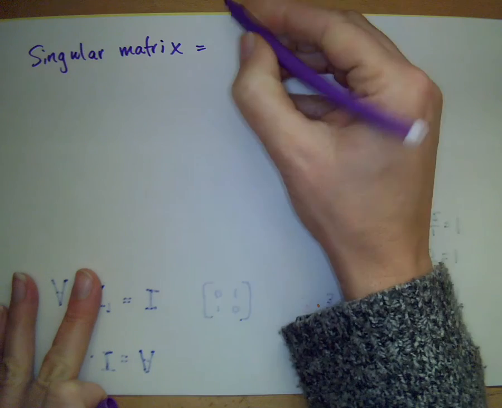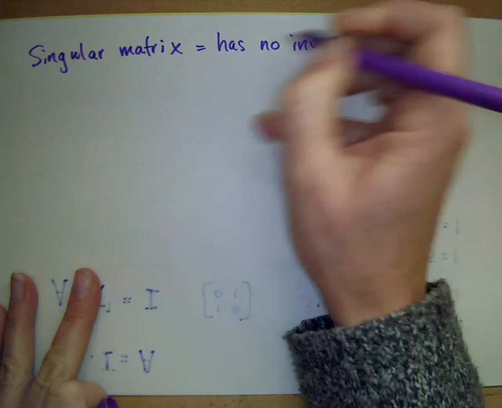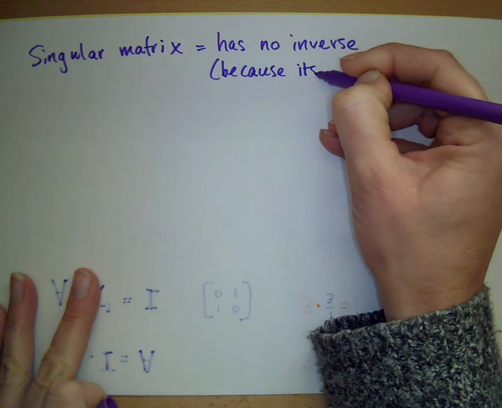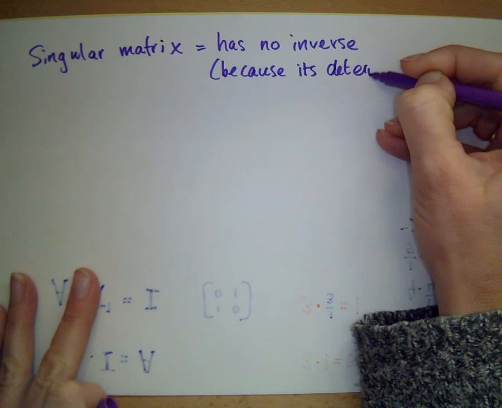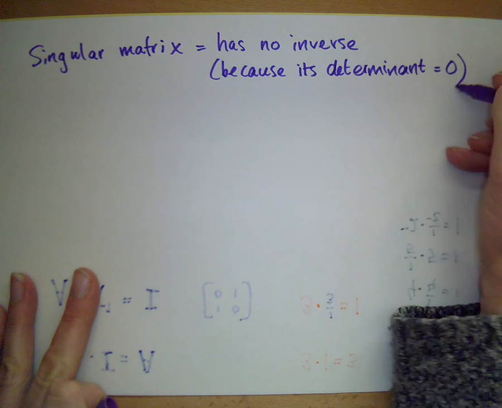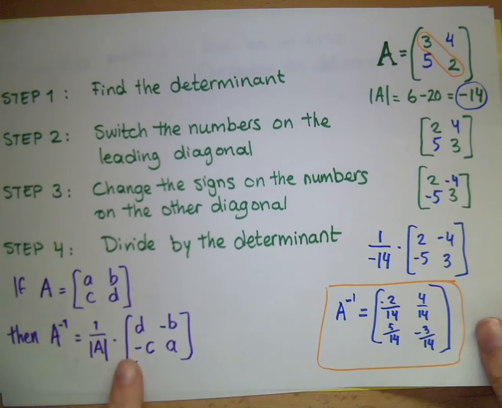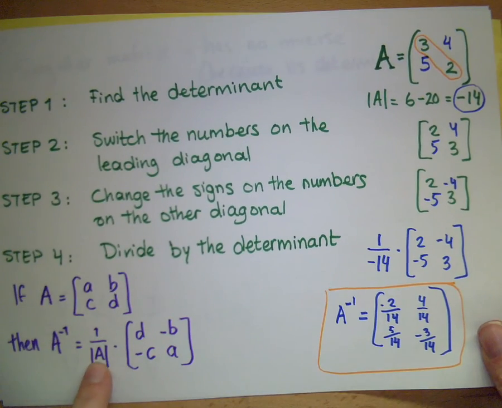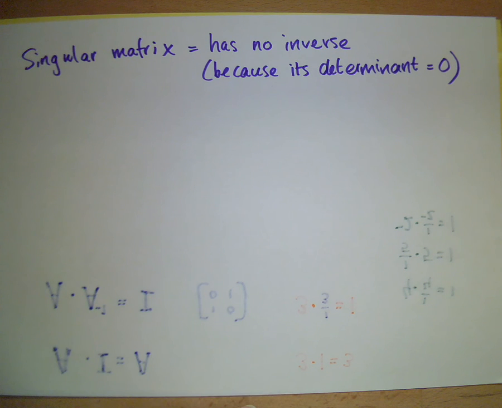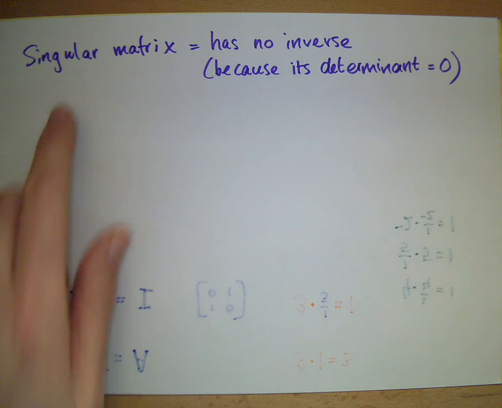That's nice for your notes: it has no inverse because its determinant equals 0, and you can't divide by 0. In order to find an inverse matrix, you need to divide by the determinant, so if the determinant is 0, you'll get an error. That's called a singular matrix. All right, that's all.